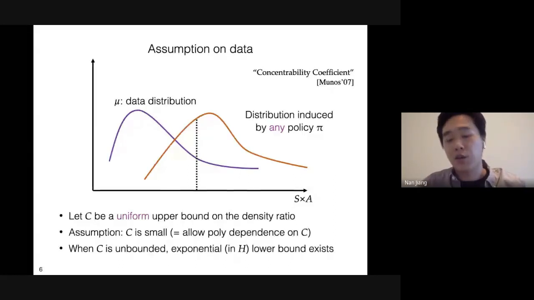Look at the maximum magnitude of the density ratio. That's going to be the concentrability coefficient. And there are many other versions that are sometimes tighter than this definition.